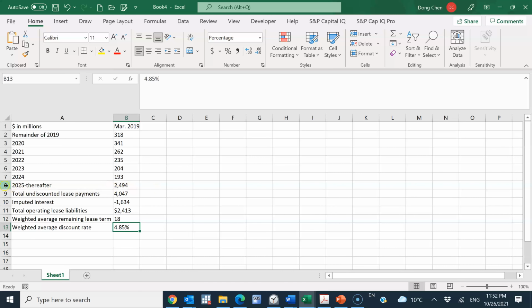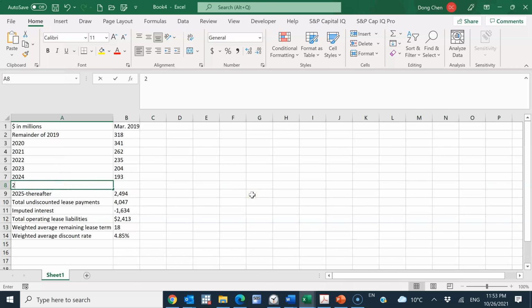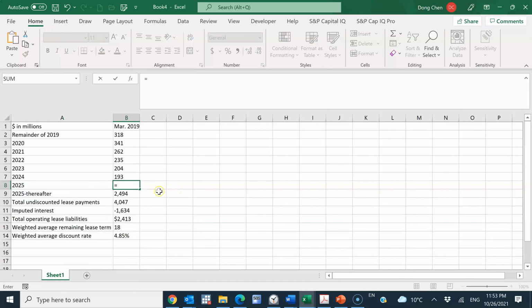Why? Because it can tell us the annual lease payment, which is simply this total, or aggregate, lease payments divided by this 18.